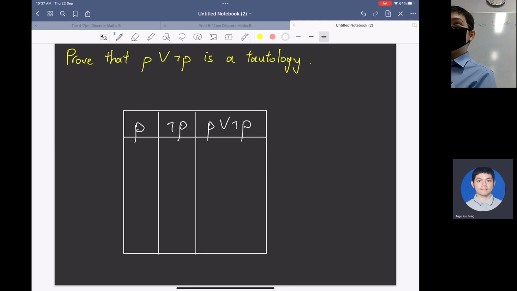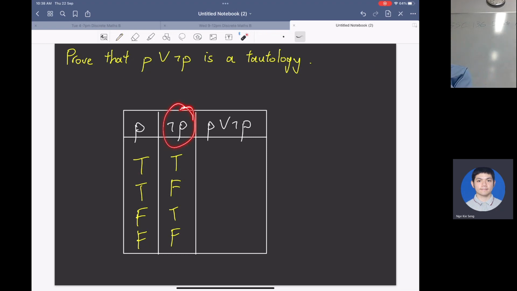And then how to fill? True, false, false. True, false, false. Here, true, false? You sure? Why true, false here?